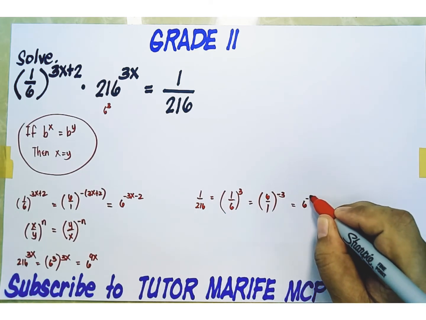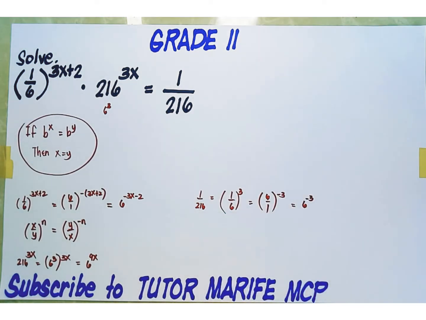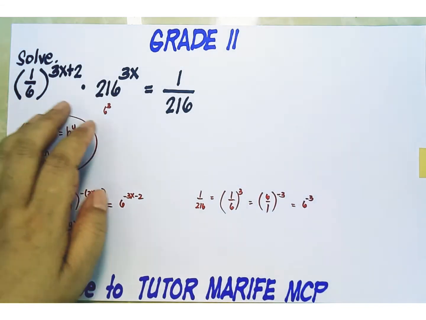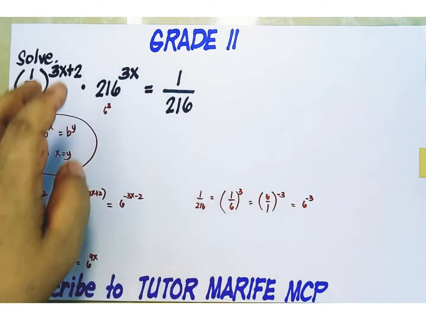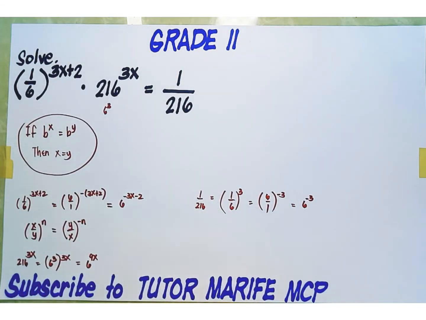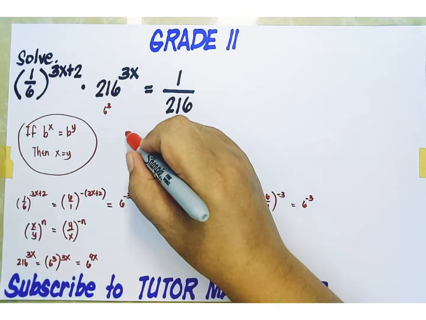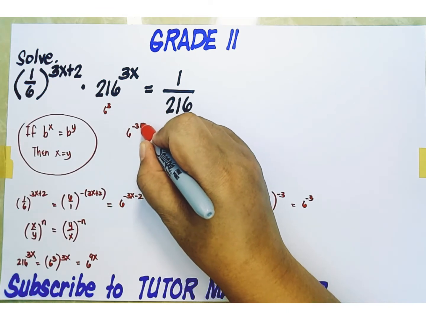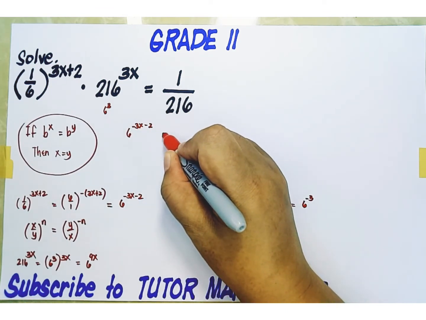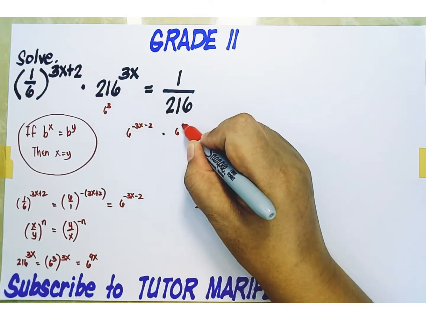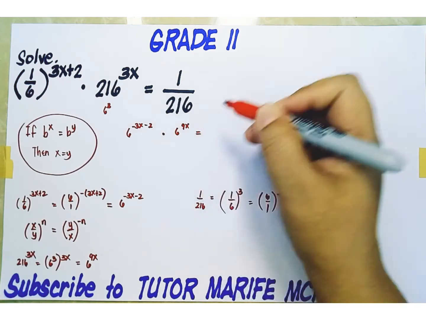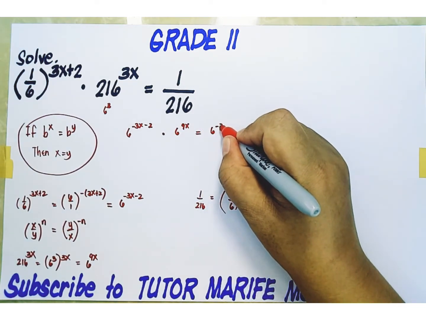This is raised to -3. Okay, so we can now rewrite the original exponential equation using the simplest form of each of its terms. We now have 6 raised to -3x minus 2 multiplied by 6 raised to 9x equal to 6 raised to -3.